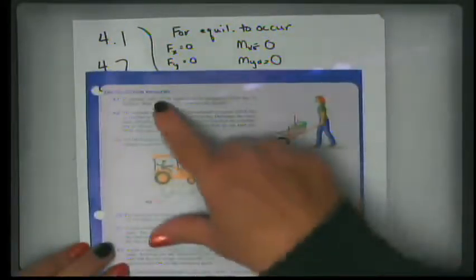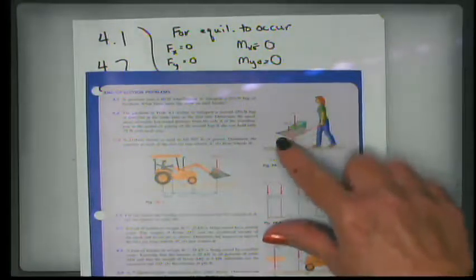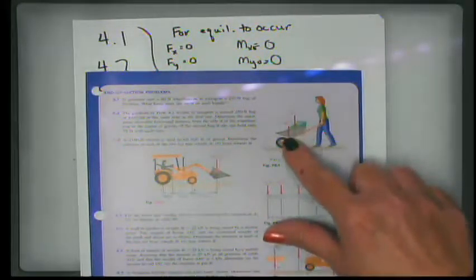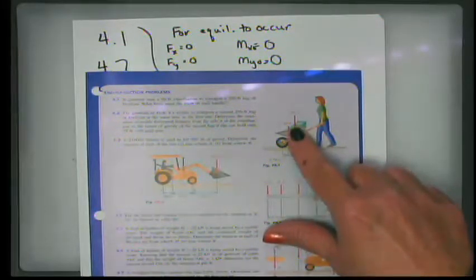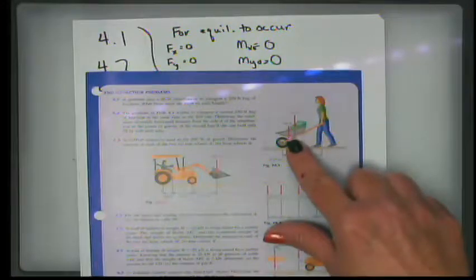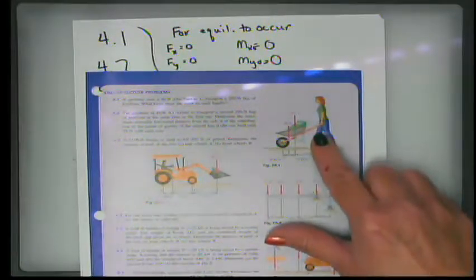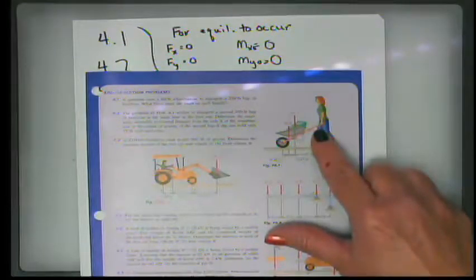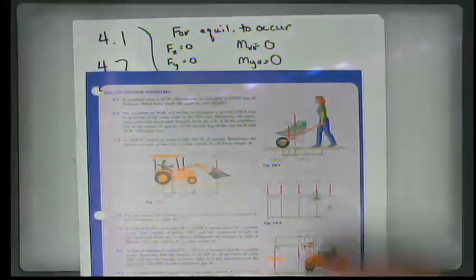Problem 4.1 talks about a gardener who has a 60 Newton wheelbarrow, so that's the weight of the wheelbarrow. She's using it to transport a 250 Newton bag of fertilizer. What force must she exert on each handle? Even though you just see one of her hands, her other hand is back into the page, one assumes that she will have equal force on each handle.